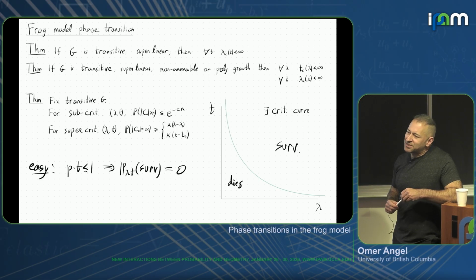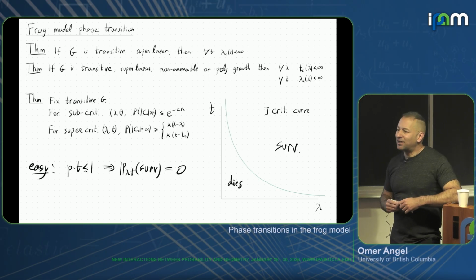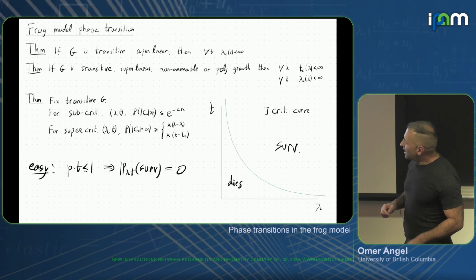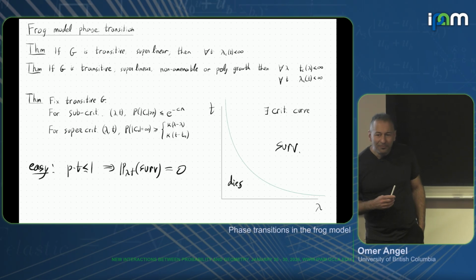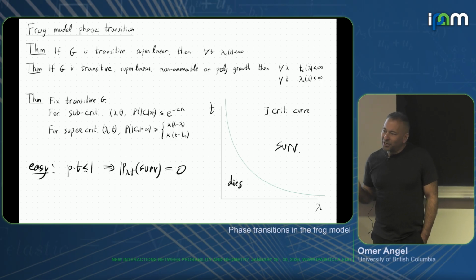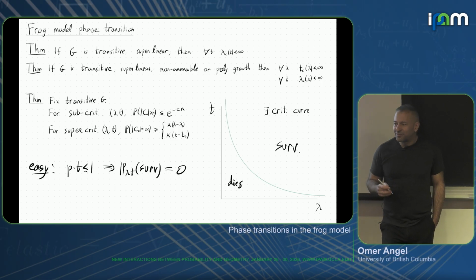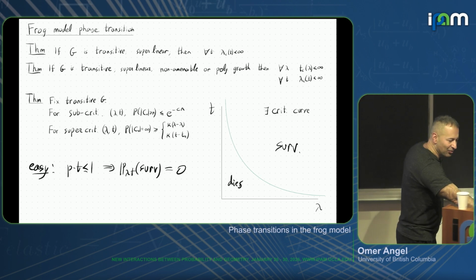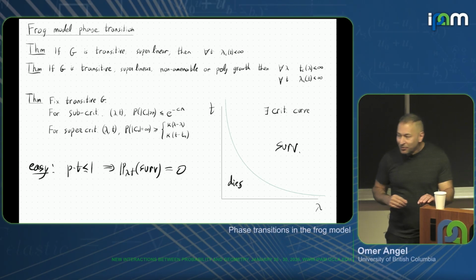In order to make this precise, we rely on something called the abelian property of this model, which is also going to be useful for other parts of the argument. So what is the abelian property of the model? This holds for a number of other models, including various sandpiles, for example.